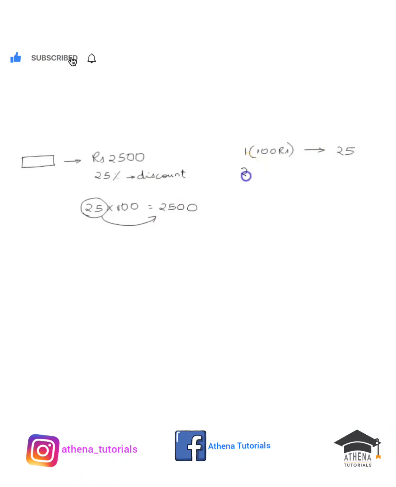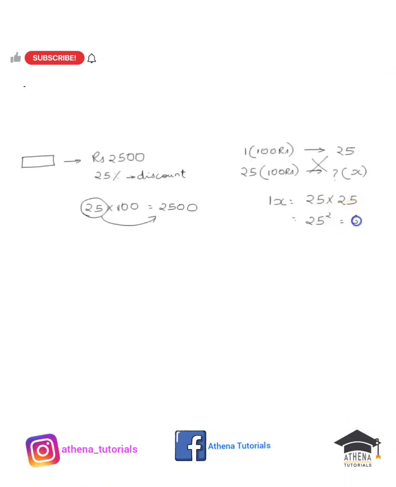So for 2500, what will be the discounted value? Let's consider this as x. Let's cross multiply. It will be 1 into x, which will be 25 into 25. What is 25 square?